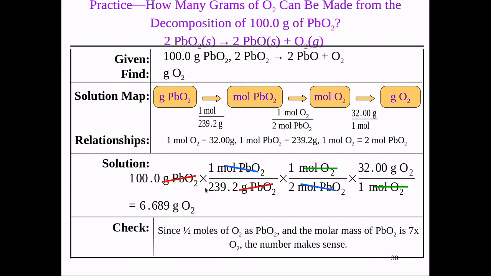But because the molecular weight of lead oxide is much larger than the molecular weight of O2, we would tend to get a smaller number. Also, the moles are working against us here, right? We're only going to get 1 mole for every 2 moles of lead oxide that we burned through.